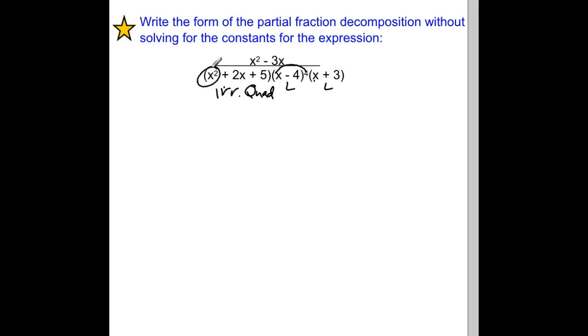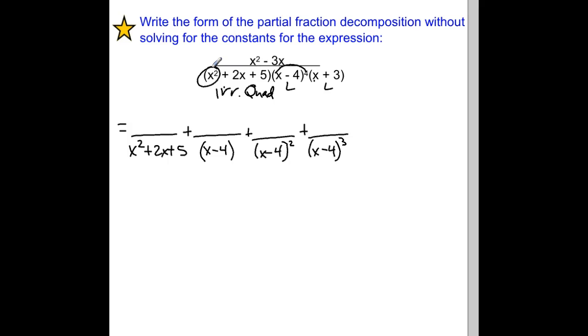So of this, if I were going to decompose it, I would have a fraction that has the x squared plus 2x plus 5. Yes? Then I would have a fraction that has what? x minus 4. Then I would have a fraction that has, good, x minus 4 cubed. I'd have one with x minus 4 to the 4th. And last I would have an x plus 3 piece.